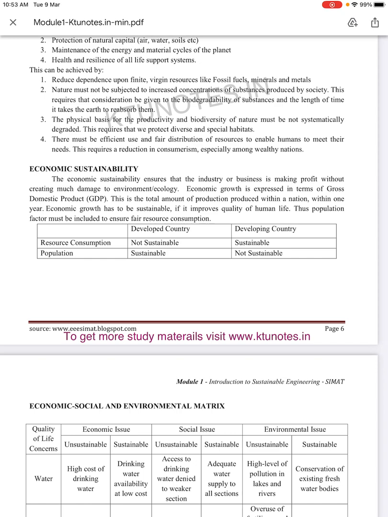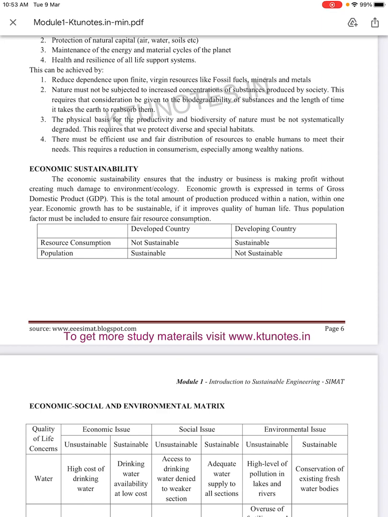Economic sustainability ensures that industries or businesses make profit without creating much damage to the environment and ecology. The economy expressed in GDP is the total amount of production within the nation in 1 year. The economic growth has to be sustainable if it improves the quality of human life.